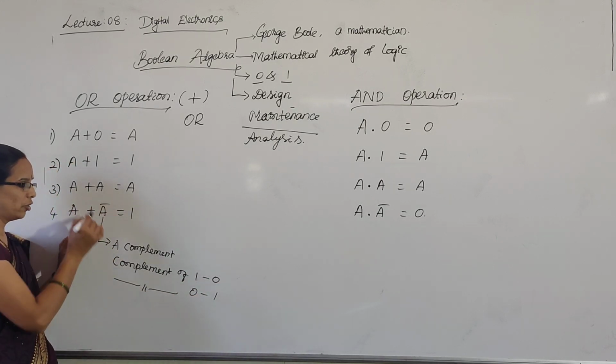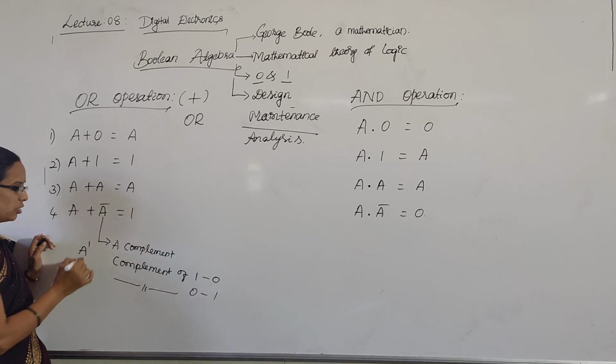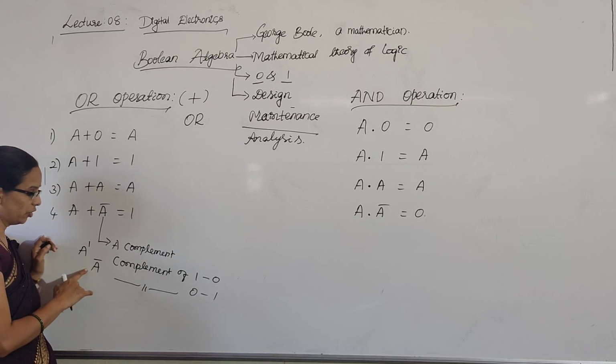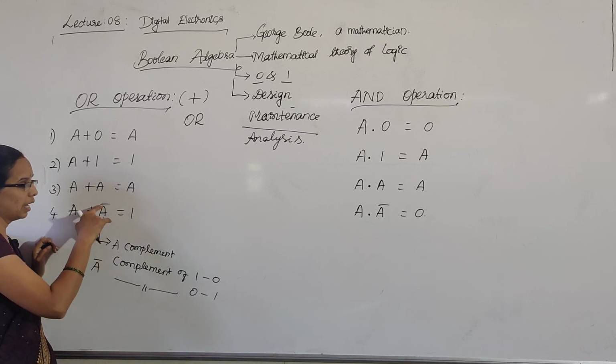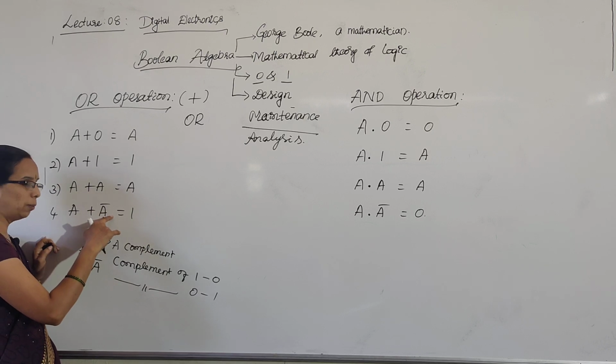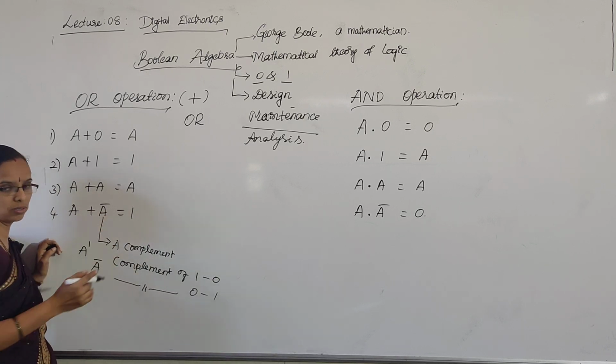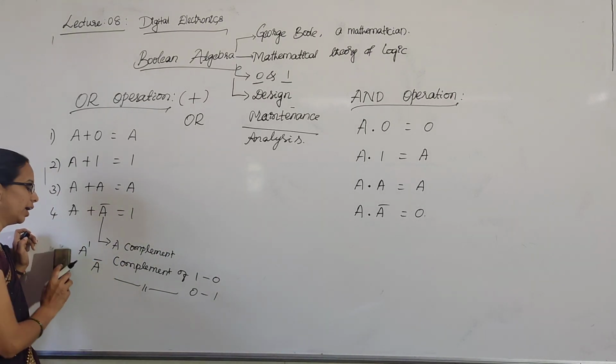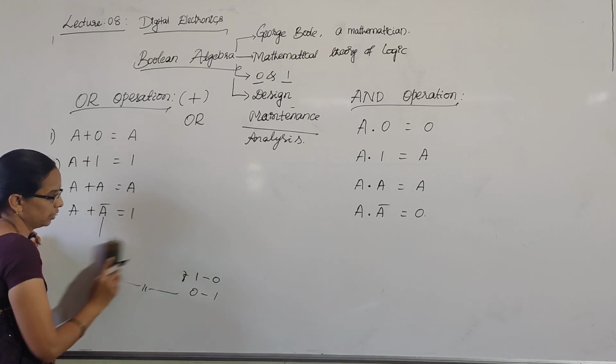Complement is denoted in some textbooks as A dash, or it can also be denoted as A bar. You can call it A bar or A complement. In some textbooks it will be A dash.